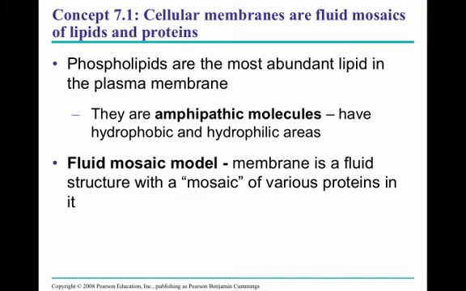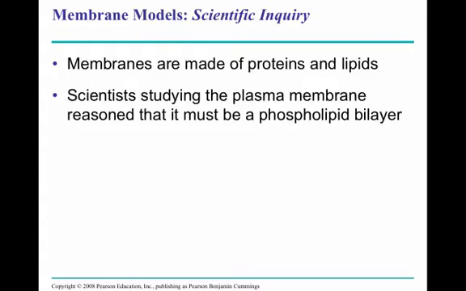And when we talk about the membrane, we have described the structure of the cell membrane as a fluid mosaic model, meaning that the membrane is very dynamic. It's always moving. It's a fluid-like structure, but it's a mosaic because it has a lot of different materials in it, specifically proteins, a lot of different proteins in it.